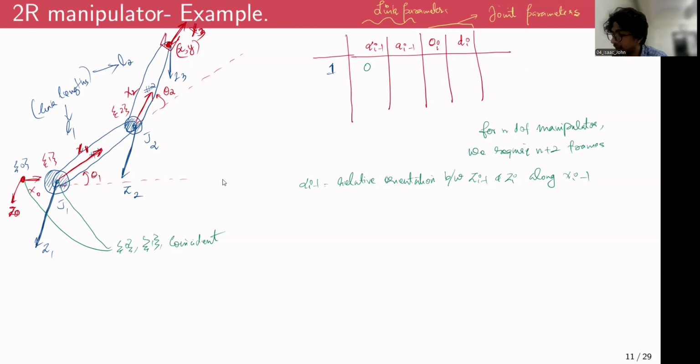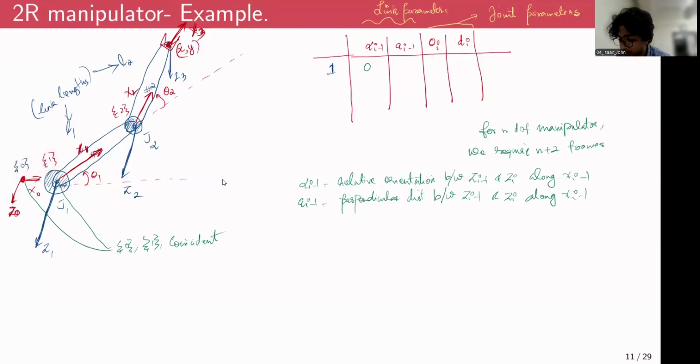And now the second link parameter, that is a i minus 1. So what is this a i minus 1? This is the perpendicular distance between Zi minus 1 and Zi along Xi minus 1. In this case, we consider frame 0 and frame 1 to be coincident.